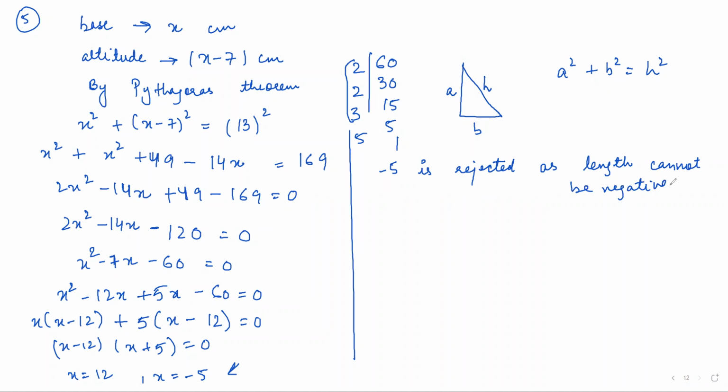So one value you reject, only 12 you keep. Therefore, the base is 12 centimeter, x equal to 12, and the altitude is 12 minus 7, which will be 5 centimeter. That's how you will do it.